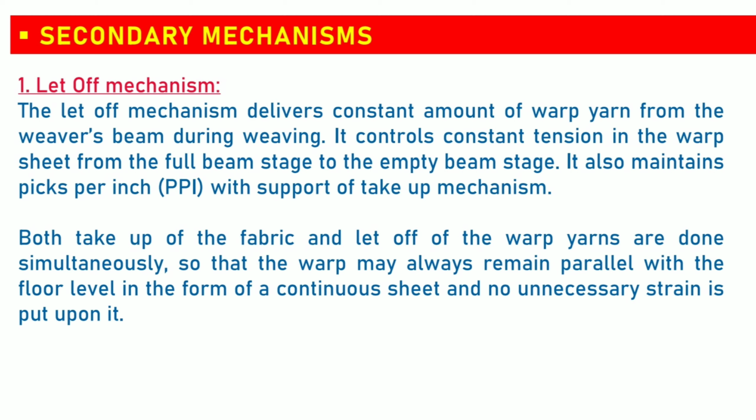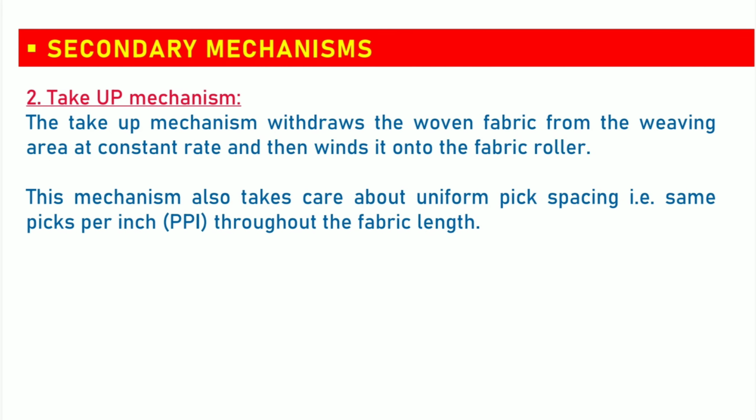Both take-up of the fabric and let-off of the warp yarns are done simultaneously so that the warp may always remain parallel with the floor level in the form of a continuous sheet and no unnecessary strain is put upon it. Another secondary mechanism is take-up mechanism.